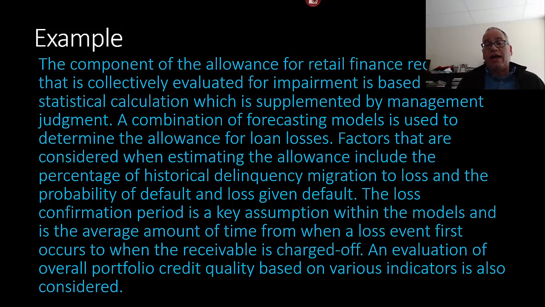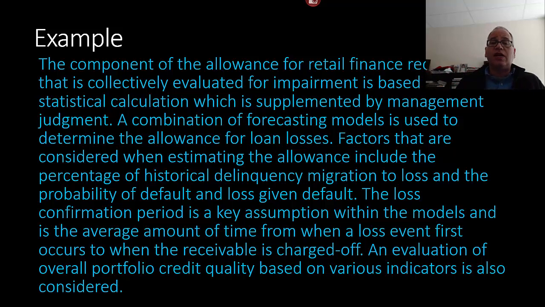Factors that are considered when estimating the allowance include the percentage of historical delinquency migration to loss and the probability of default and loss given default. The loss confirmation period is a key assumption within the models and is the average amount of time from when a loss event first occurs to when the receivable is charged off. An evaluation of overall portfolio credit quality based on various indicators is also considered.